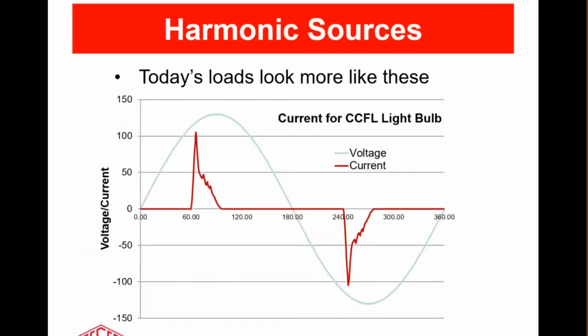An example of what we're talking about: a CCFL light bulb has a current waveform that simply looks like a sharp peak with a trailing edge and generates harmonics out well past the 50th.